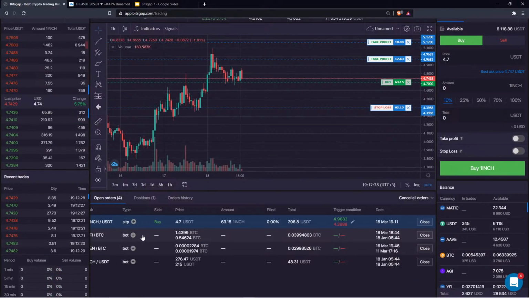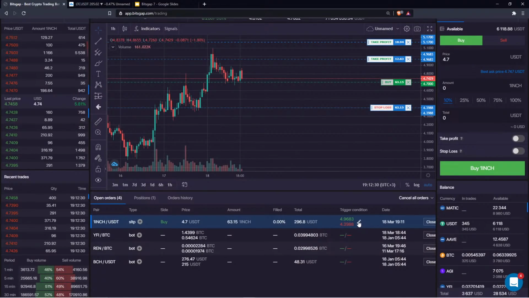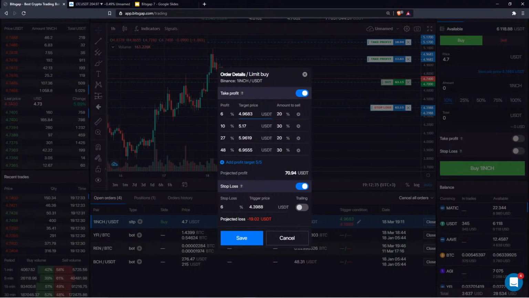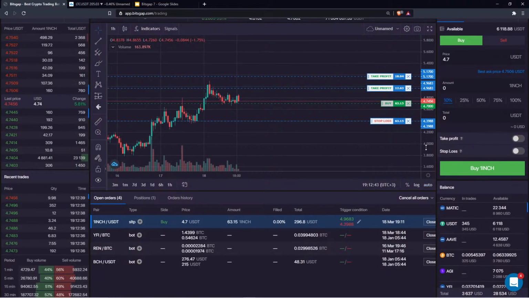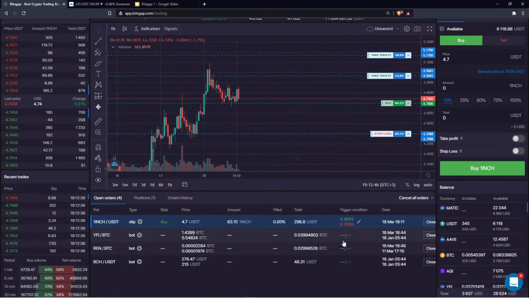If you are not satisfied, I mean, if you want to make some changes, then just click on this pencil over here, and you can change all of this configuration in accordance with your new rules. So the cool thing is that it is displayed on the chart already. So let's zoom out.